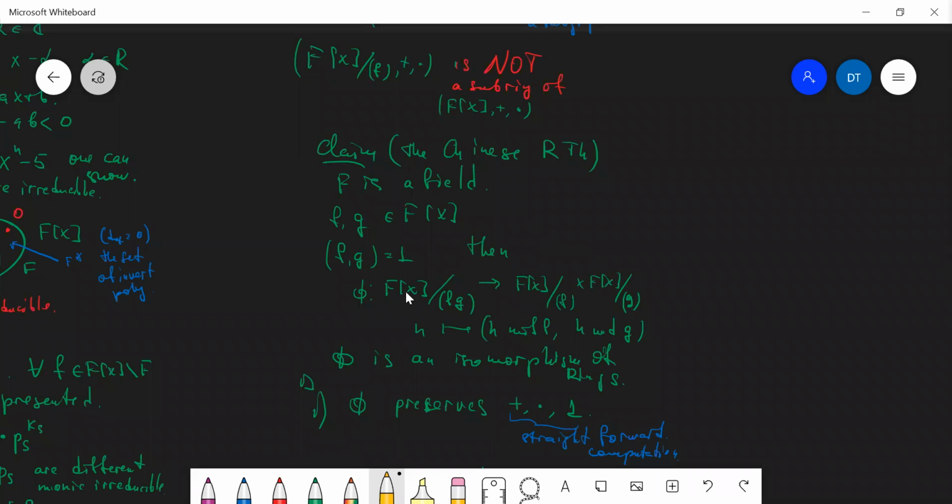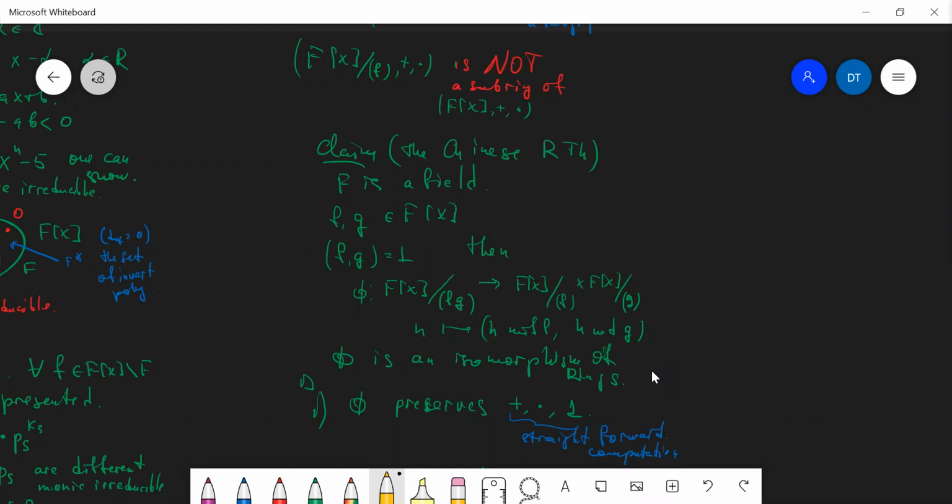So this is the map from the left-hand side to the right-hand side. And now the claim says that this map is an isomorphism of rings, which means that phi is a homomorphism, so it preserves the addition, multiplication, and the identity element. And also it's bijective.